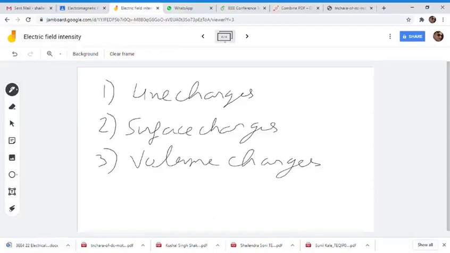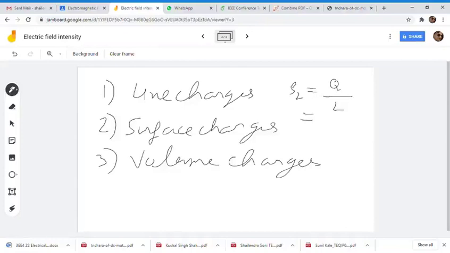So all these will be denoted by their charge density. You can define rho L here. Rho L is the total charge on a single line divided by the line length.